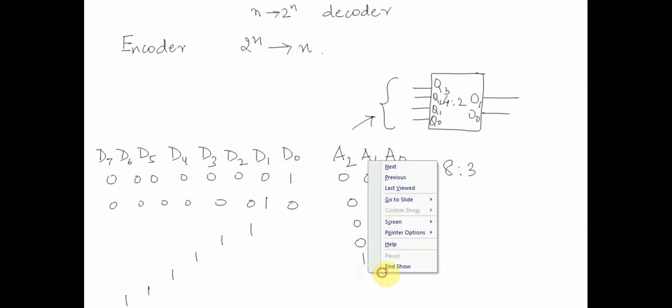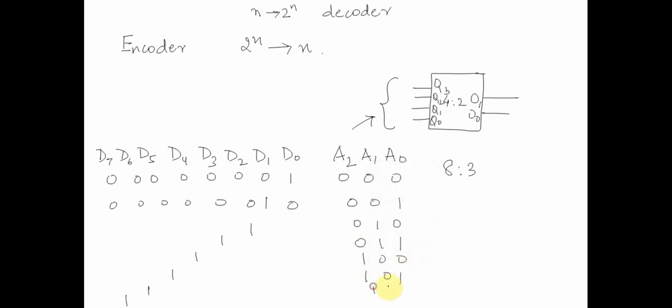In this case, it simply means my A0 is nothing but the combination of D1 plus D3 plus D5 plus D7.